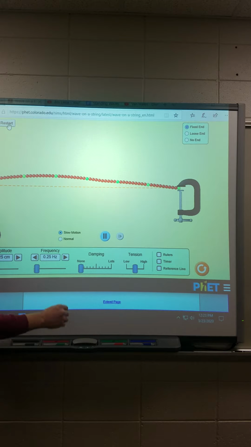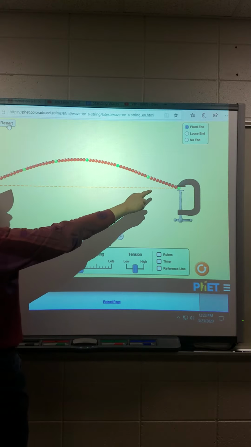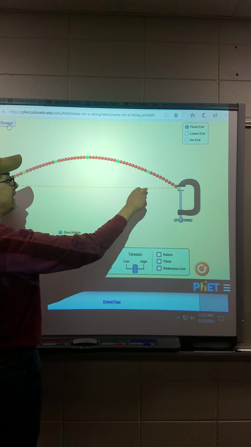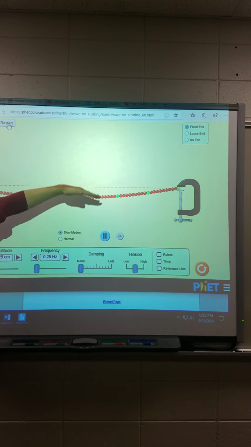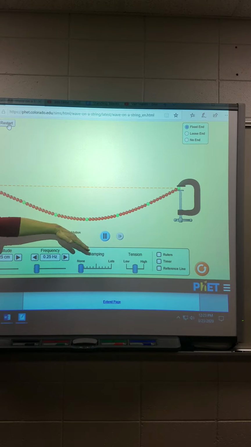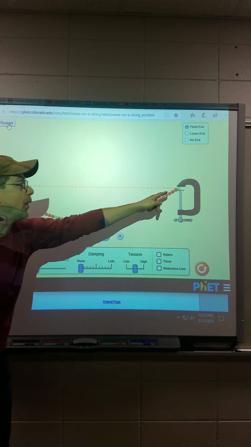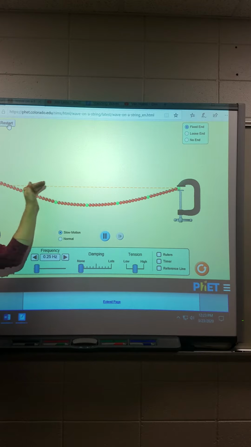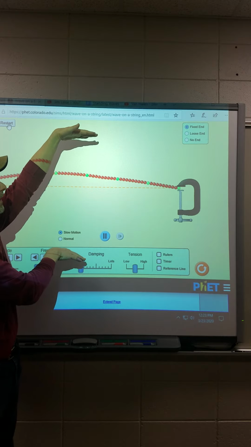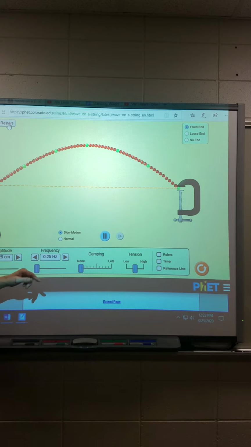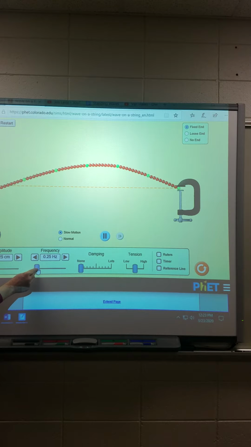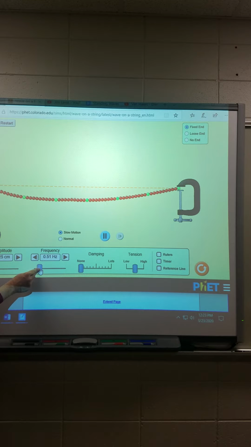We're going to presume, for argument's sake, that this string is fixed on both ends. And we're going to get a high amplitude in the middle. That's an area of constructive interference, where the wave that's reflected meets the wave coming in, and those wave crests match up and reinforce each other. But now I'm going to double this frequency to 0.5 hertz.